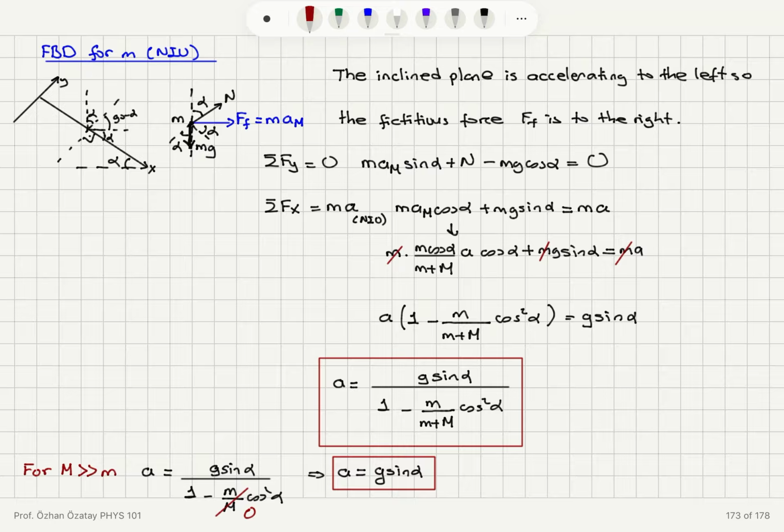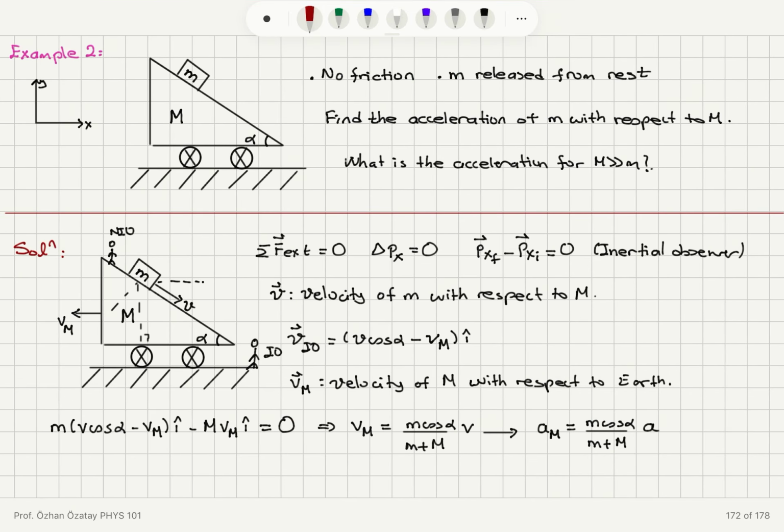Okay, so the limiting value of this acceleration is g sine alpha, and what is the limiting value of aM? In that case, you can see that aM will become 0 because it will be 1 over infinity, which is 0. So in that case, there will be no wheels here.